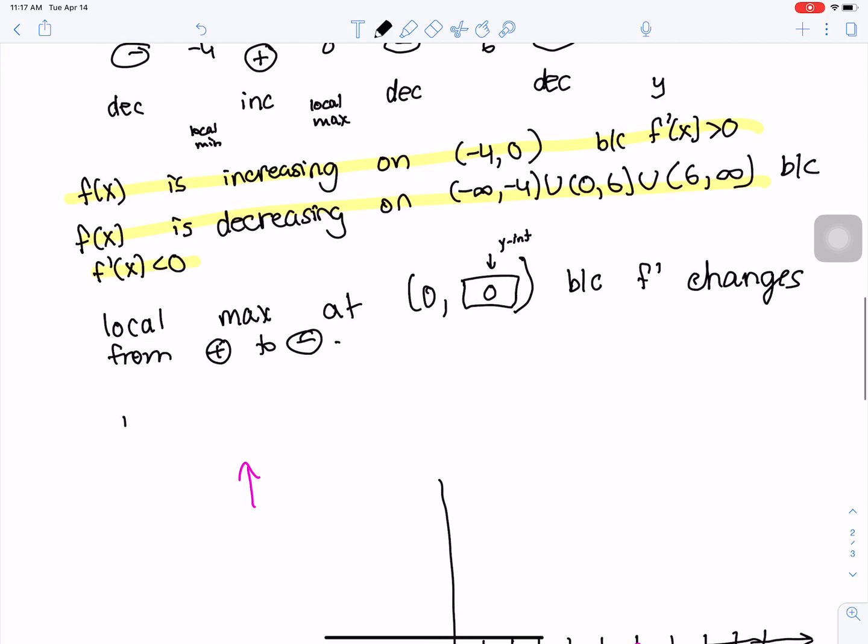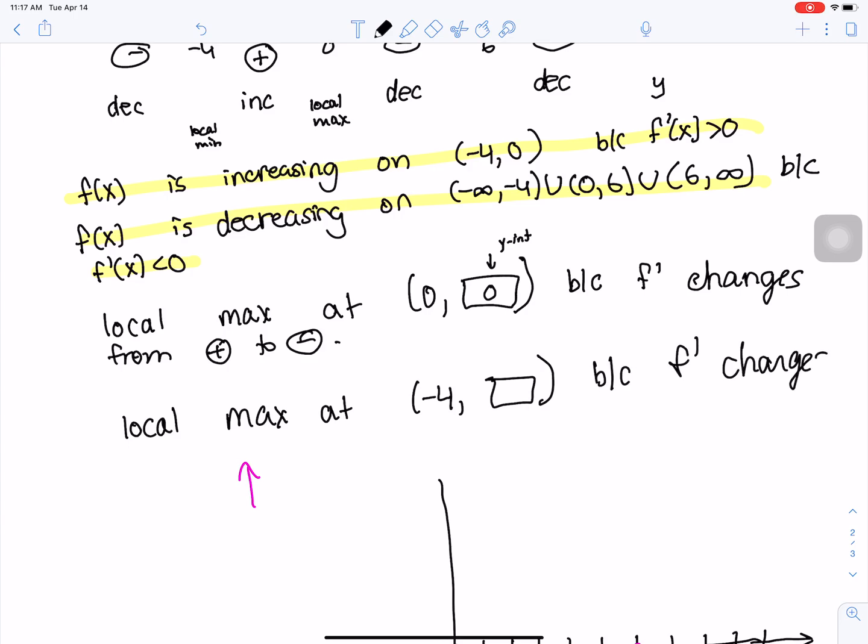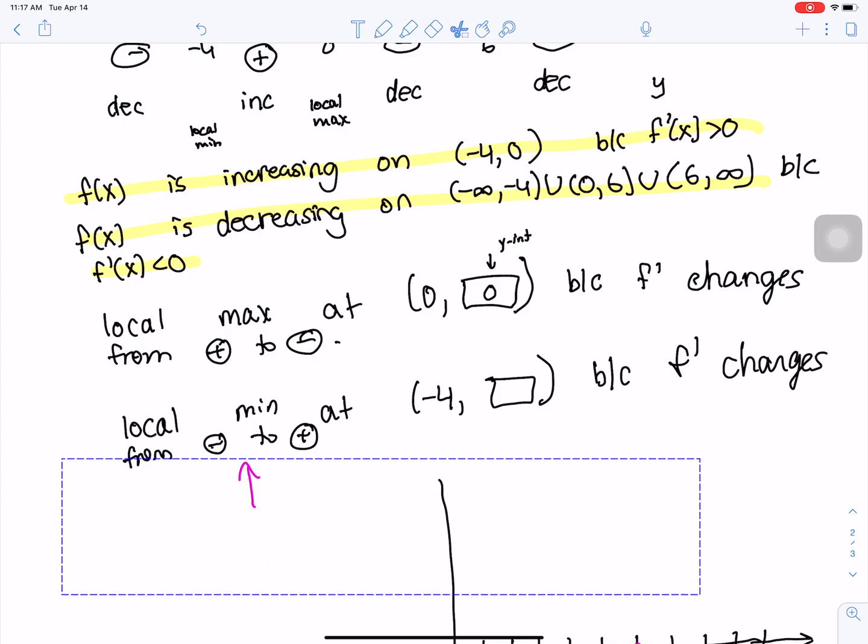And local min at -4 comma blank because f prime changes. Oops, that should be a min. I already said max. From negative to positive.